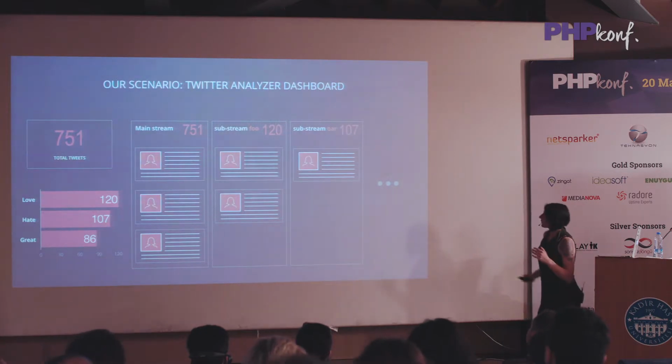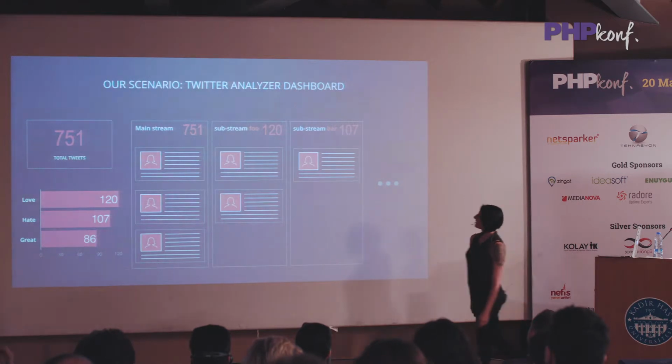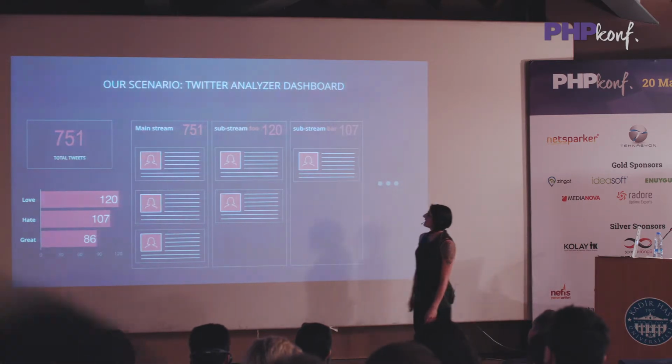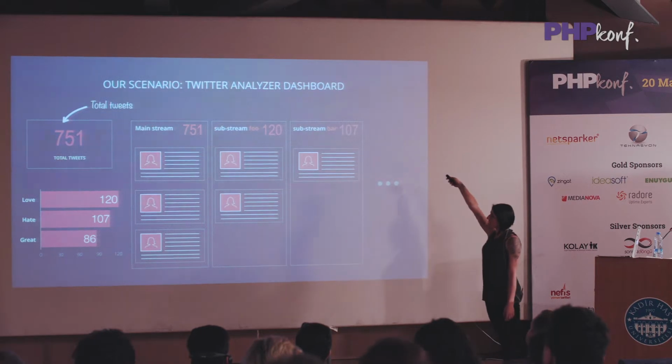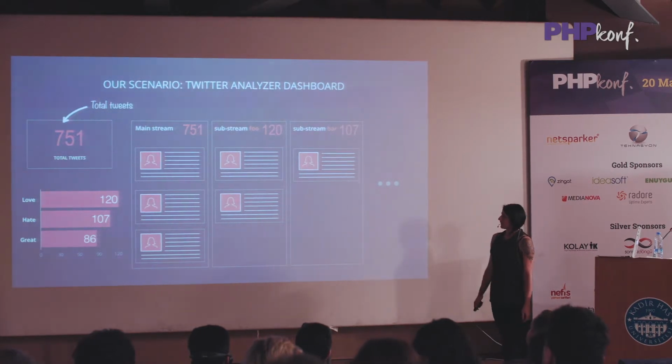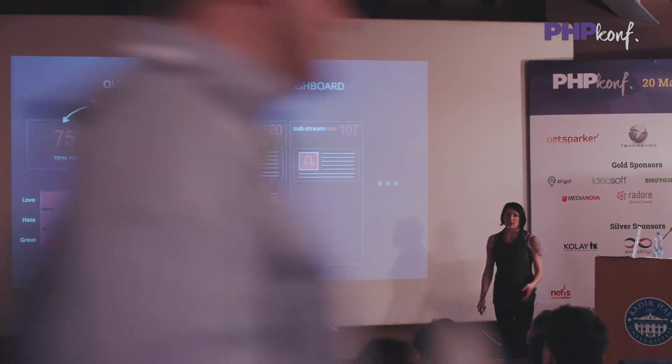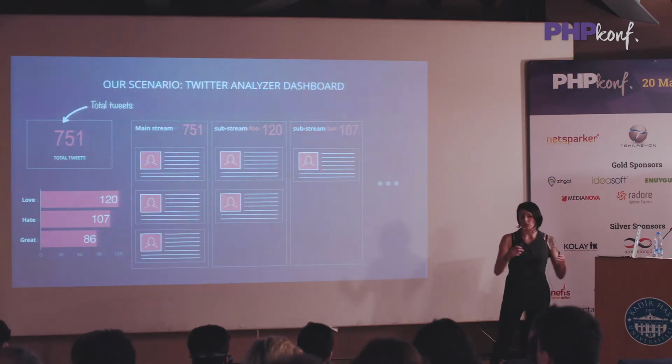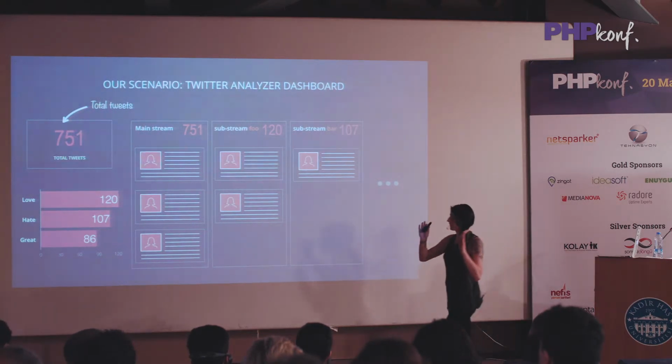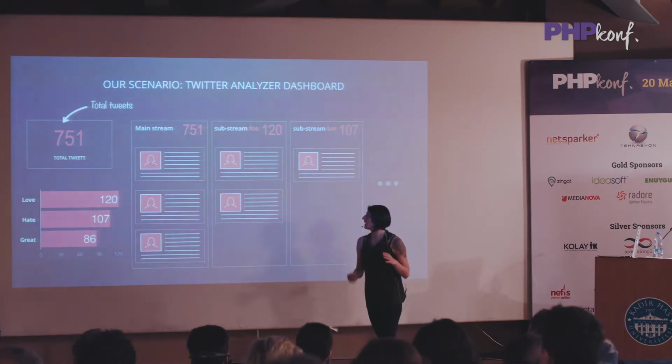The final dashboard, for those of you who have visual memory, like myself, would be something like this. So we would be showing the total tweets, the total number. I would like to say in a certain period, but in this exercise, we're not taking that in mind. We're just going with tweets.